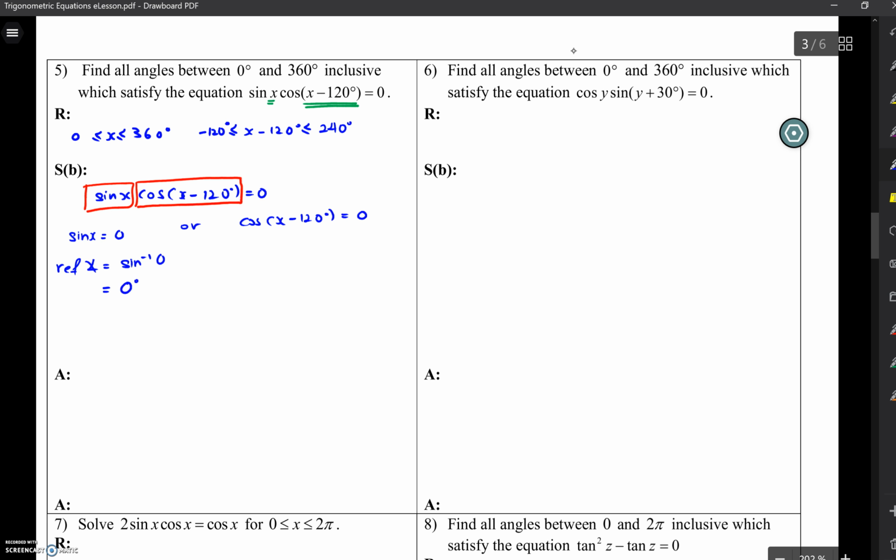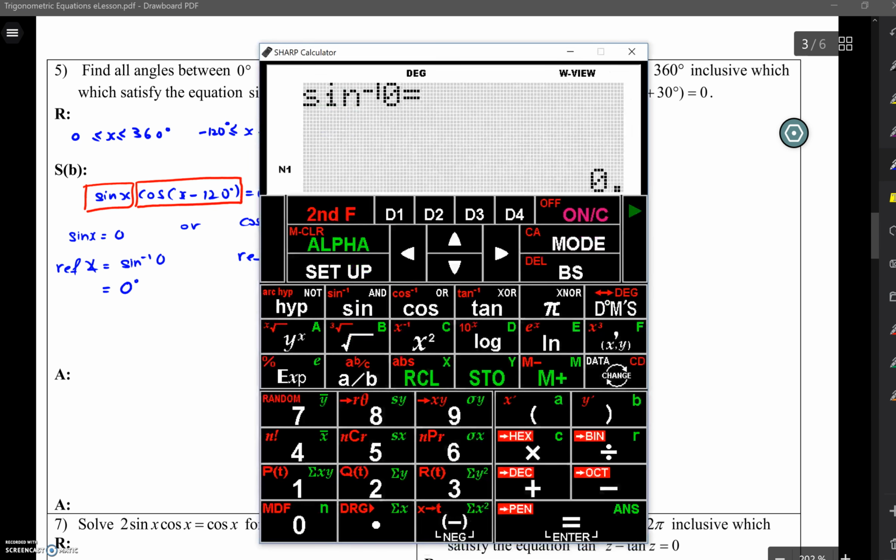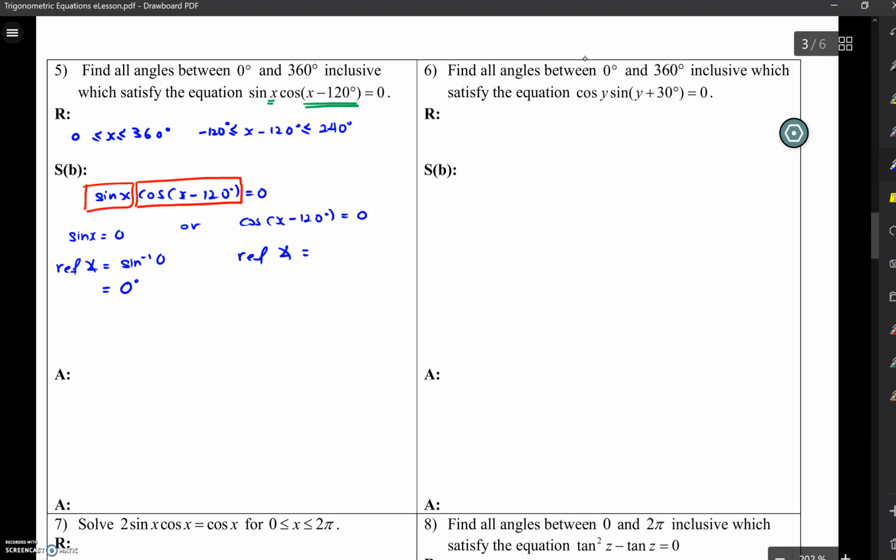Okay, and with that we also find the reference angle for the one on the right. So similarly, we'll just do second function cosine and 0, and the reference angle is 90 degree. So we just write it as 90 degree here. So now we have already found the reference angle.